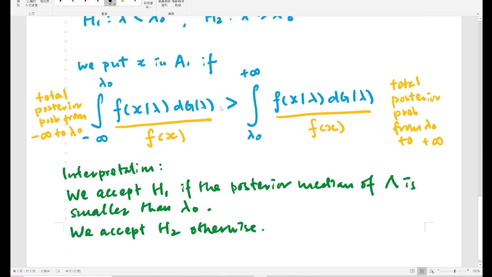So it is related to the position of the posterior median of lambda, okay? And in this simple situation with only two composite hypotheses, it is straightforward to conclude that we accept H1 if the posterior median of lambda is smaller than the cutoff point lambda 0, and we accept H2 otherwise.